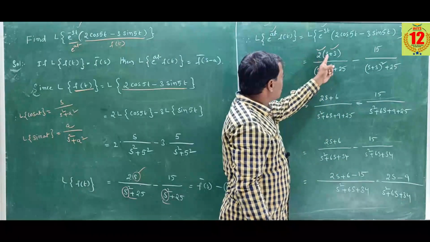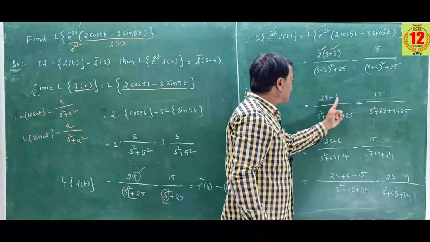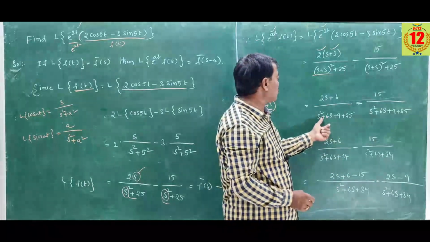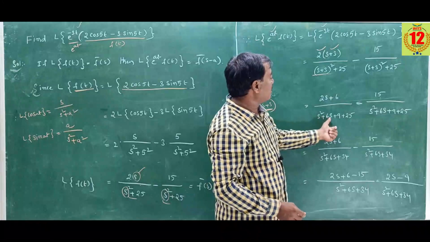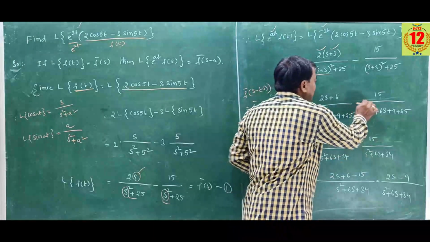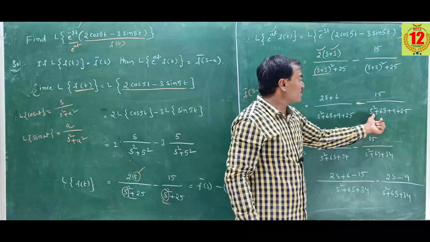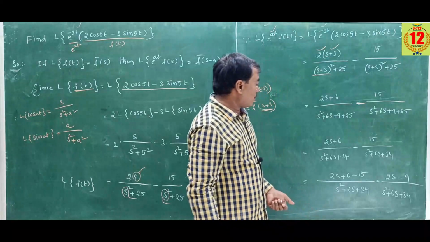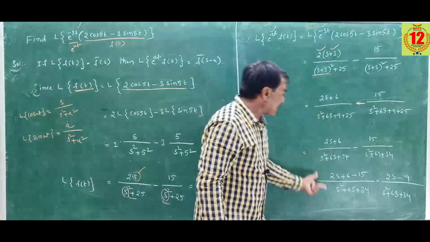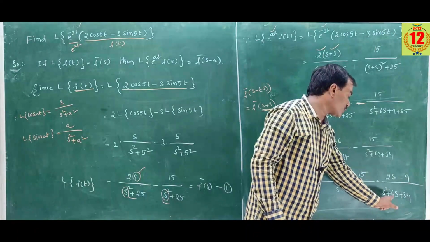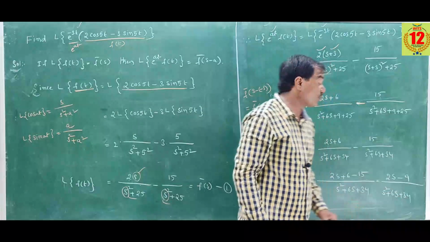So therefore 2s plus 6 by, now this is in the form of a plus b whole square, so we write s square plus 6s plus 9 plus 25, minus 15 by s square plus 6s plus 9 plus 25. After simplification, this becomes 2s minus 9 by s square plus 6s plus 34.